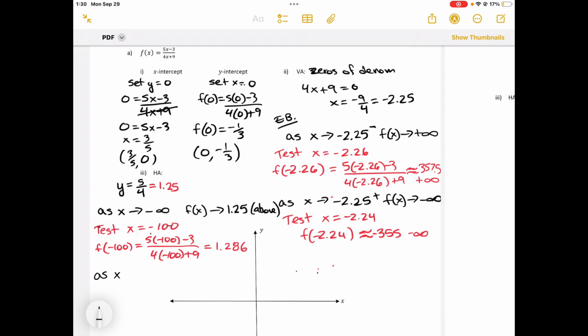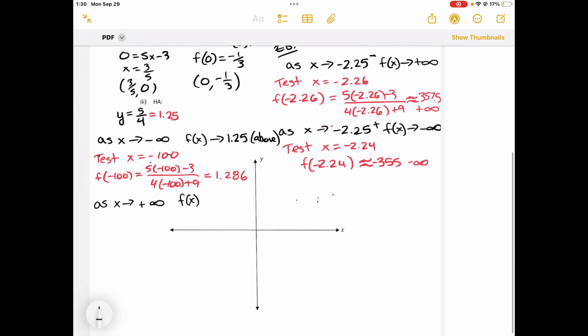I'm going to repeat the same thing. So as x approaches positive infinity, I'm going to choose a large number. I want to know what's happening to my function. And I'm going to test x equals positive 100, which means that I'm going to substitute it in.